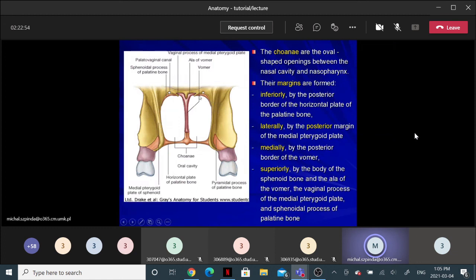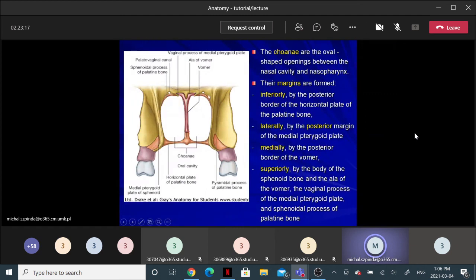So can you see? The sphenoidal process of palatine bone has three surfaces: inferomedial for the nasal cavity, superior for the sphenoid's body, and lateral for the pterygopalatine fossa.